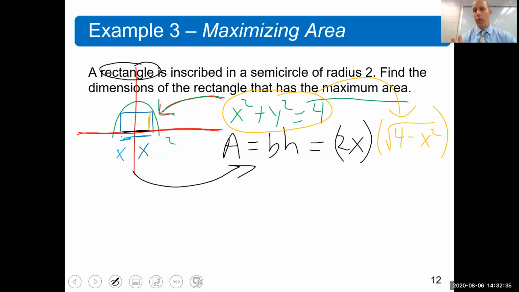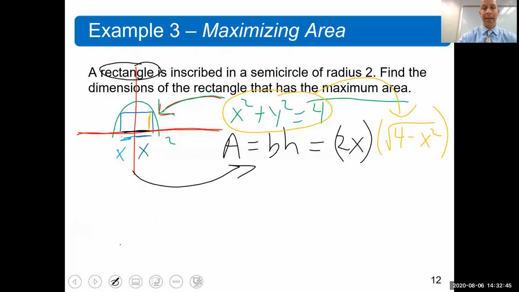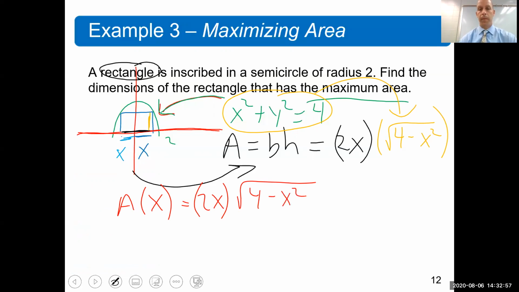Those are our restrictions. And by the way, you'll notice this is all in one variable. That's why I wanted to get rid of the y. So now I can go ahead and solve this. We want to maximize this function, and I'm going to call it area in terms of x, equal to 2x times the square root of 4 minus x squared.